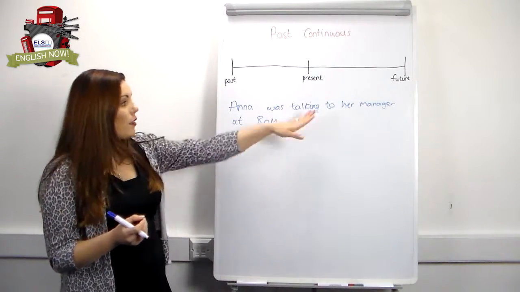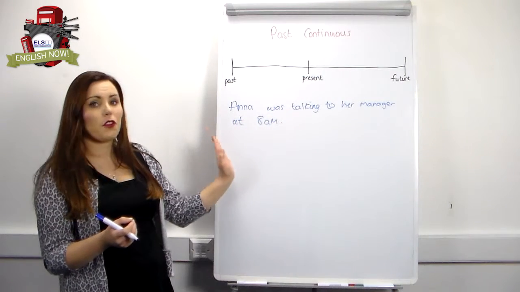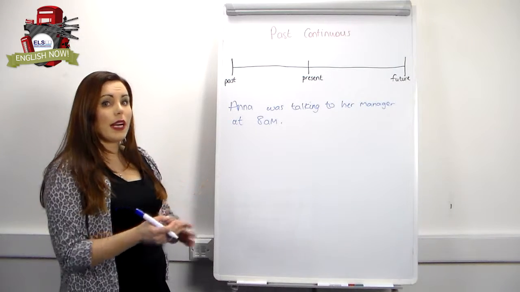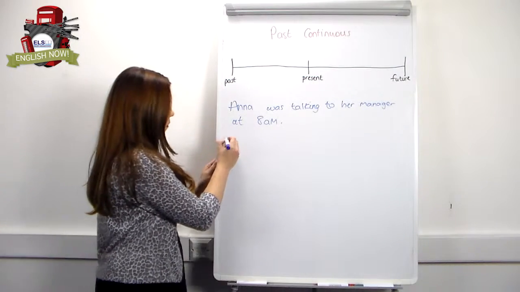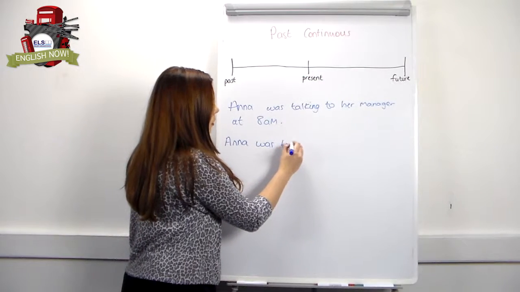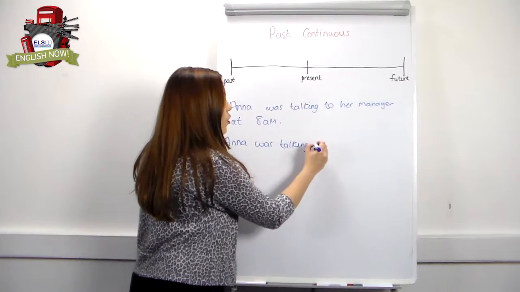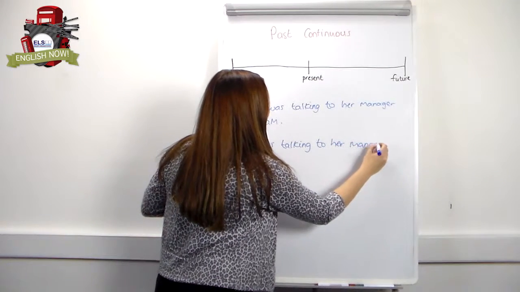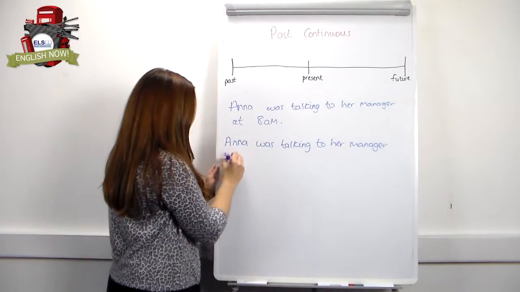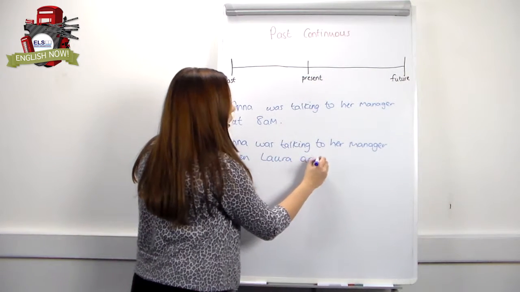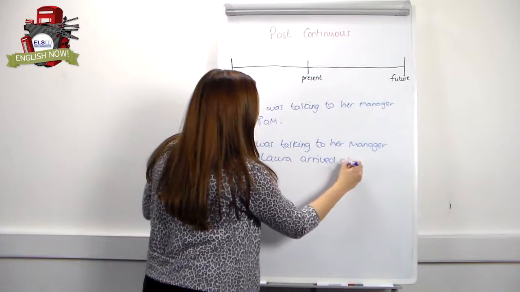This means that this action started before 8 a.m. and finished after. We also have the second type of example. Anna was talking to her manager when Laura arrived at work.